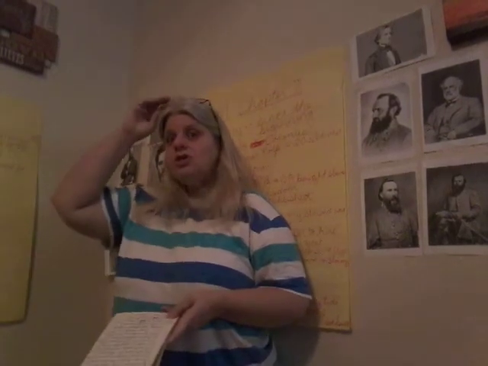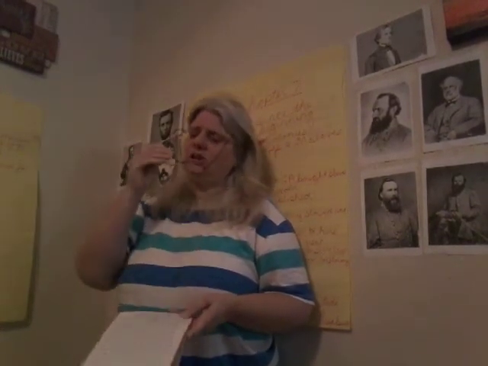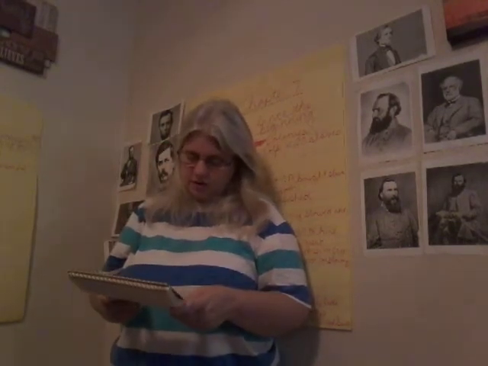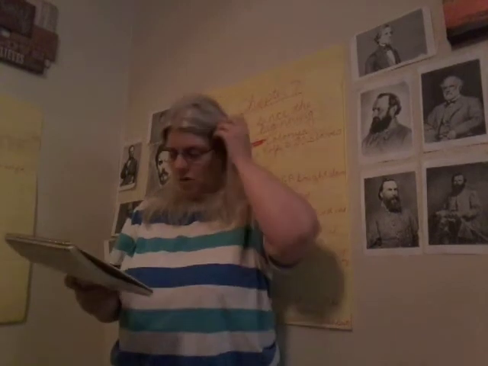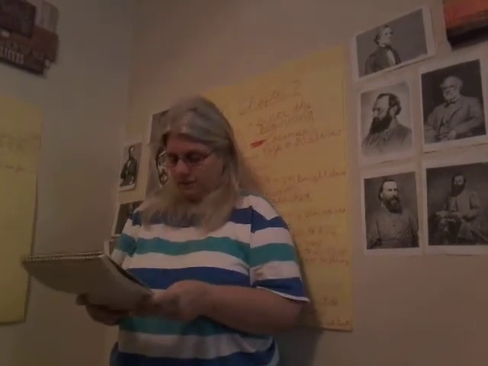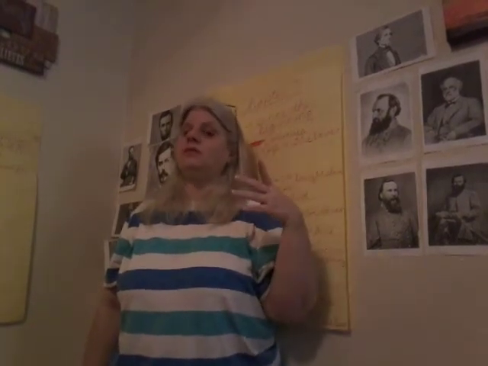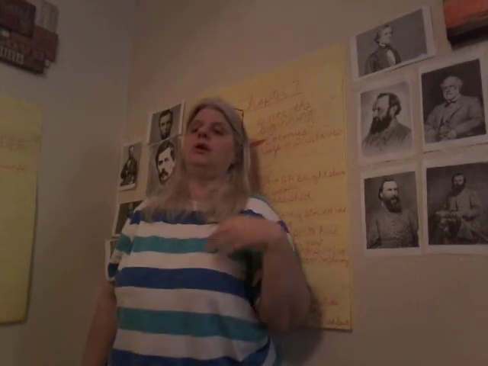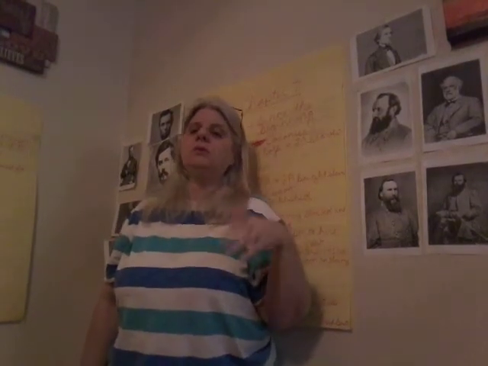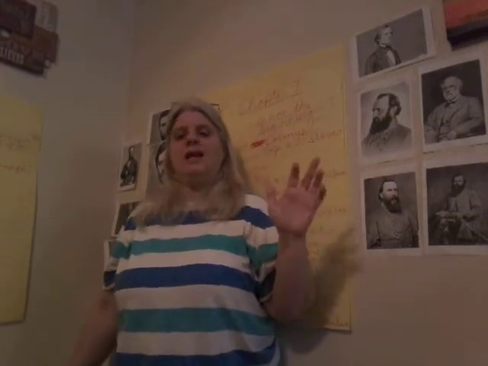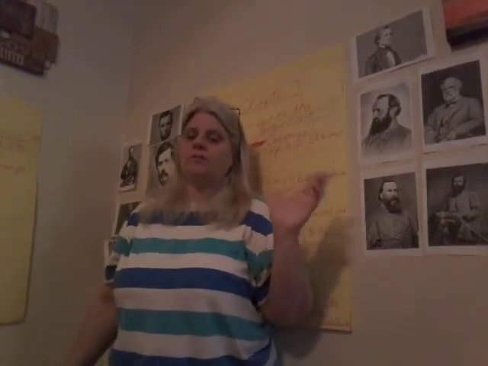All right, so let's continue. States' rights. So the nation was divided over states' rights, okay? The federal government was only supposed to have limited powers. Remember, the founding fathers were very concerned that a government could become tyrannical, that they could say, oh, we just want to do whatever, okay?